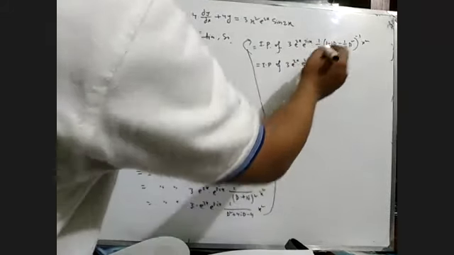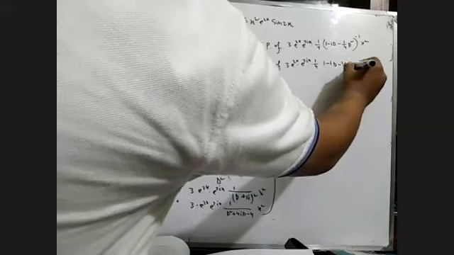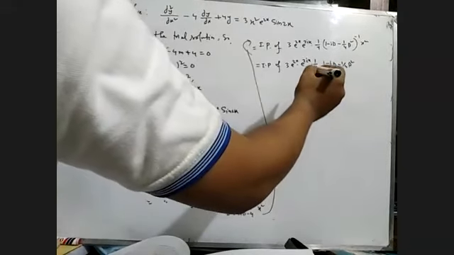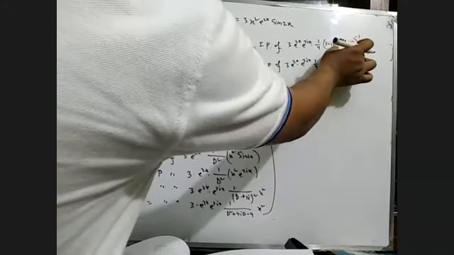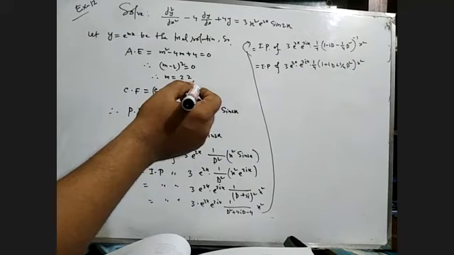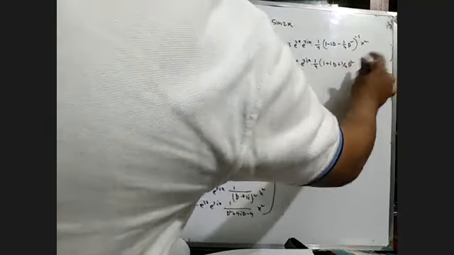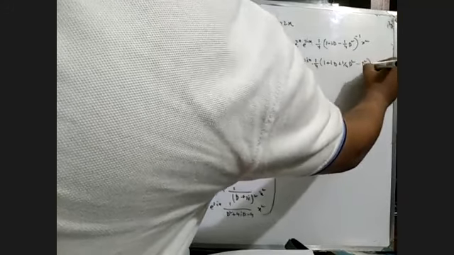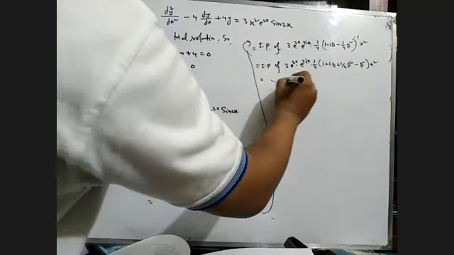Using the previous series, 1 minus iD minus 1 by 4 D square, the minus becomes plus, and omitting the higher terms, we get 1 by 4 into (iD minus D square).